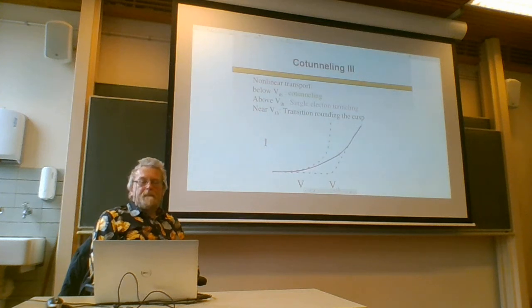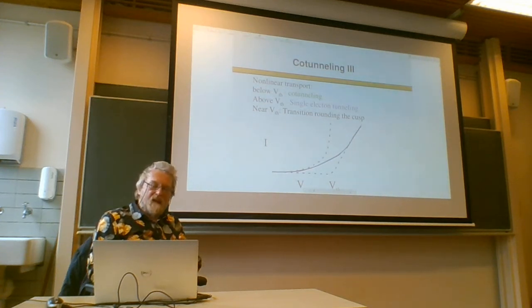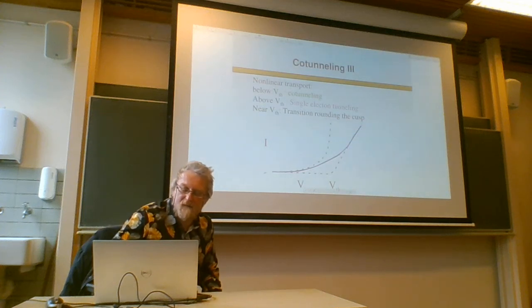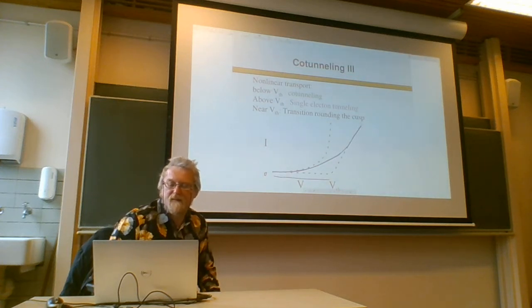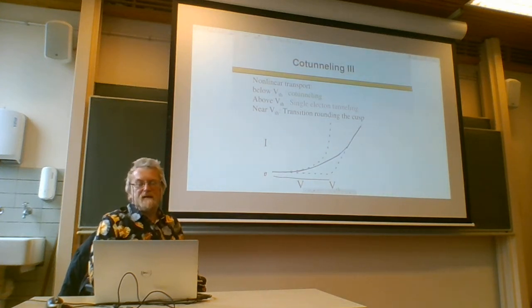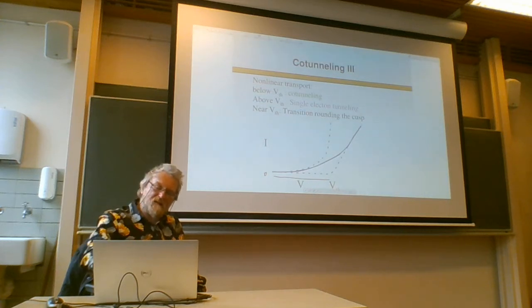Let me give the picture of what is going on when, at a certain setting of gate voltage, we increase the applied voltage. So, single electron tunneling would be this red line.